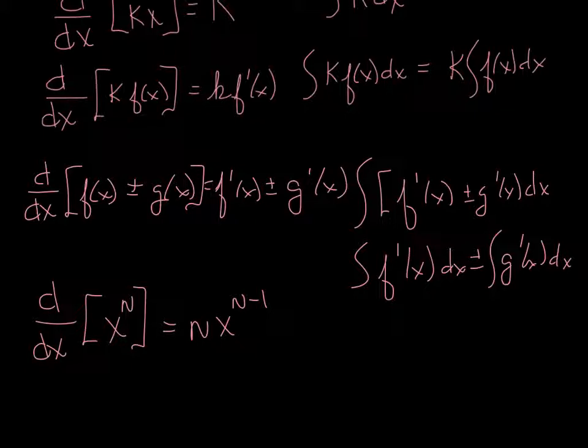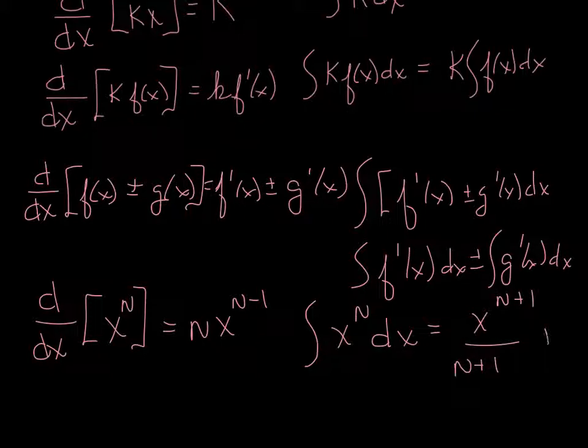I don't think we did. But when we take the antiderivative, it's just the power rule, yes, just the power rule. This is the reverse power rule. This becomes x to the n plus 1 over n plus 1 plus c, but n cannot be equal to negative 1.